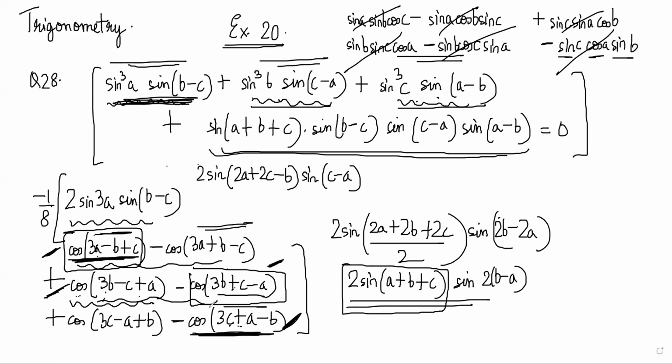Yes. Once you get sine (a plus b plus c), now you can take everything common, sine (a plus b plus c) from the 3 terms here and from the last term also, right? Yes. It is long and difficult, but it will come eventually. I don't want to spend too much time on it. It's fine. But you get the idea what you're doing, right? Yes, sir.